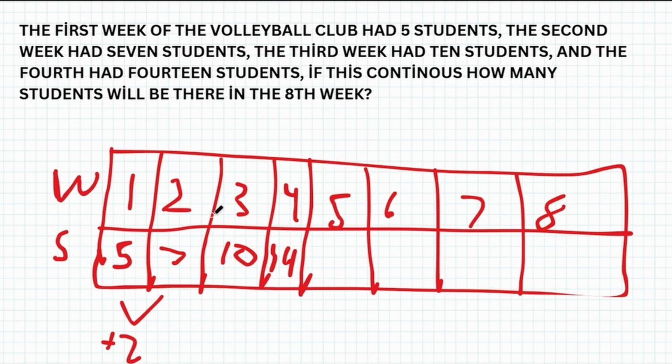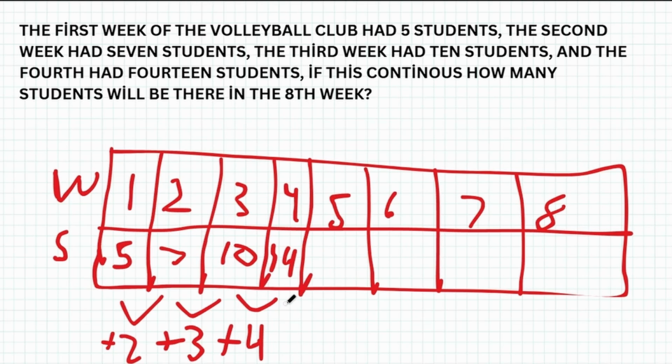On the third week, naging 10, diba? So, tatlong students yung dumagdag. 7 plus 3 equals 10. Hanggang sa fourth week, 10 plus 4 because it's fourth week. 10 plus 4 is 14. So, ano nga ba yung sunod?